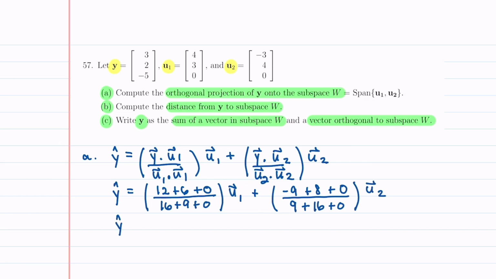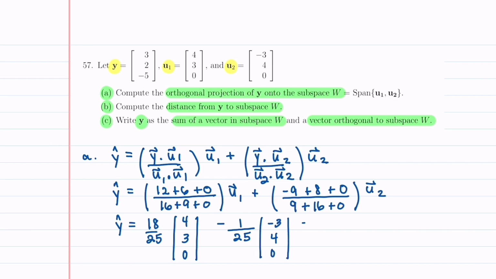Now let's go ahead and add all these things up. We have an 18 over 25 times u1, and I'm going to go ahead and put u1 down here, 4, 3, 0. And then we have a minus 1, so let's erase this plus, and let's make this a minus 1, all divided by 25, and let's put down our u2, and that is minus 3, 4, 0.